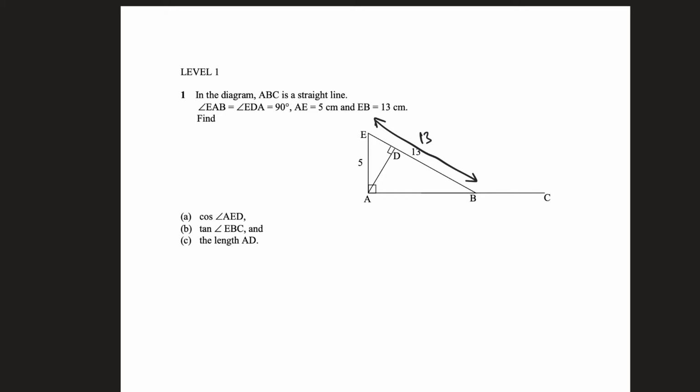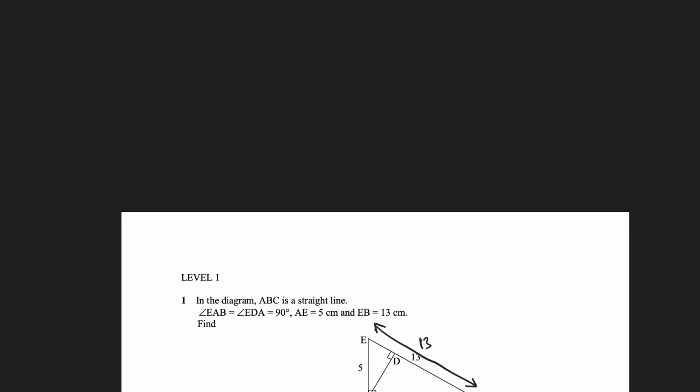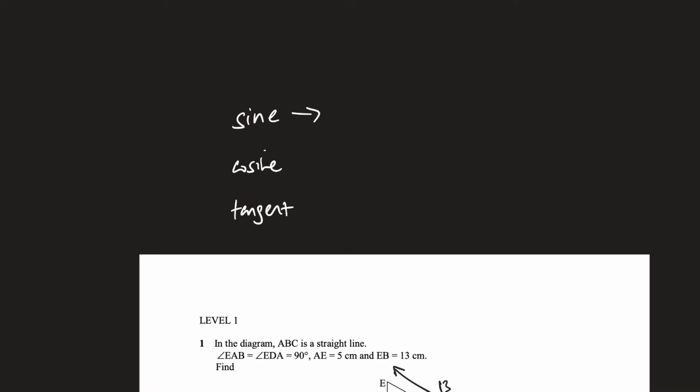Right now they ask me for cosine, tangent, and length. So before we jump into it, I'm going to do a quick recap at the top of the various trigonometric functions. We have sine, cosine, and tangent. For these, we always look at a right angle triangle first.